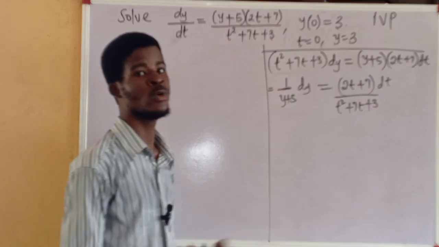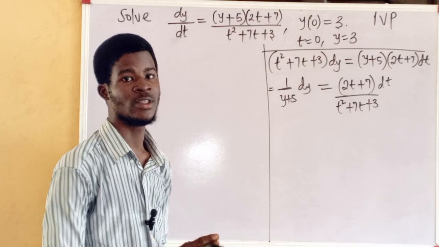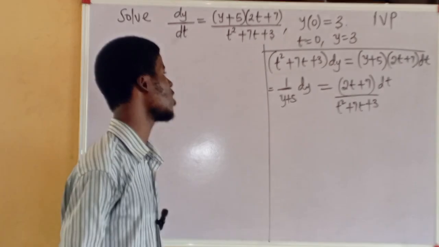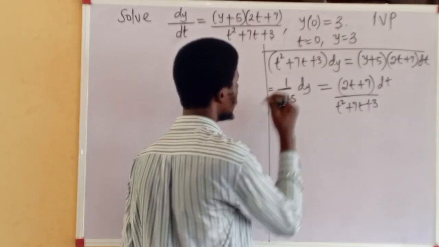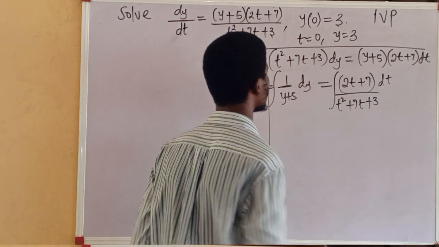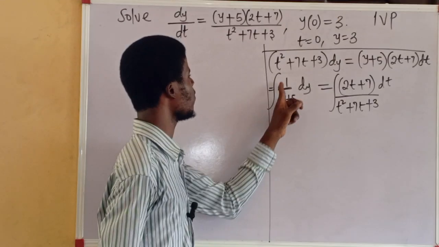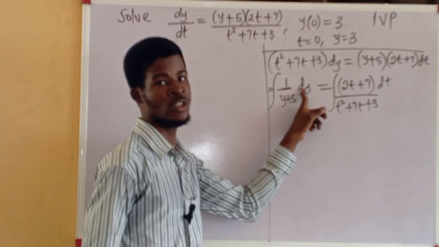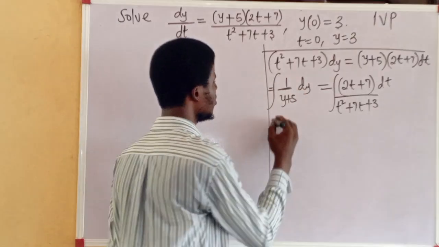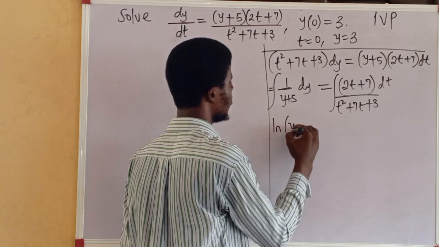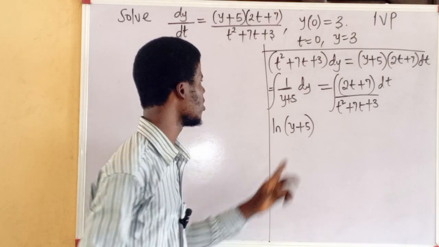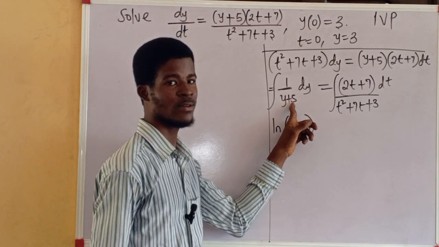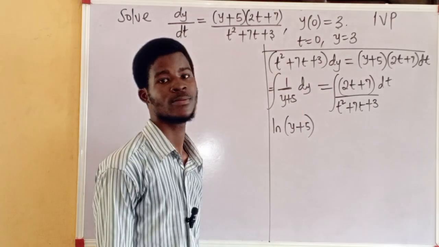Yes, this is it. So the variables have been separated purely. So what we have to do now is to integrate both sides. Okay, so let's take the integral of both sides. The integral of 1 over y plus 5 dy is actually the natural logarithm of y plus 5, because the derivative of y plus 5 with respect to y is 1.